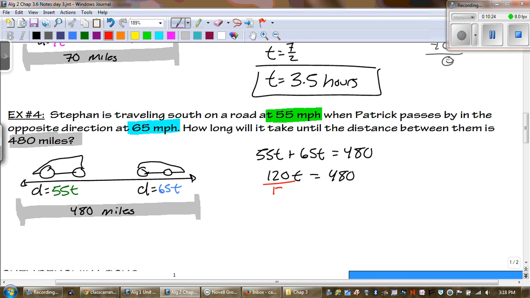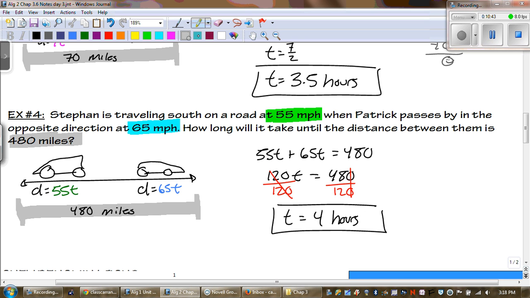To get the t by itself, we divide by 120. You can see that the zeros cancel out, and 48 divided by 12, that's on your multiplication chart. You get 4, and that's a total of 4 hours. And that is your final answer.